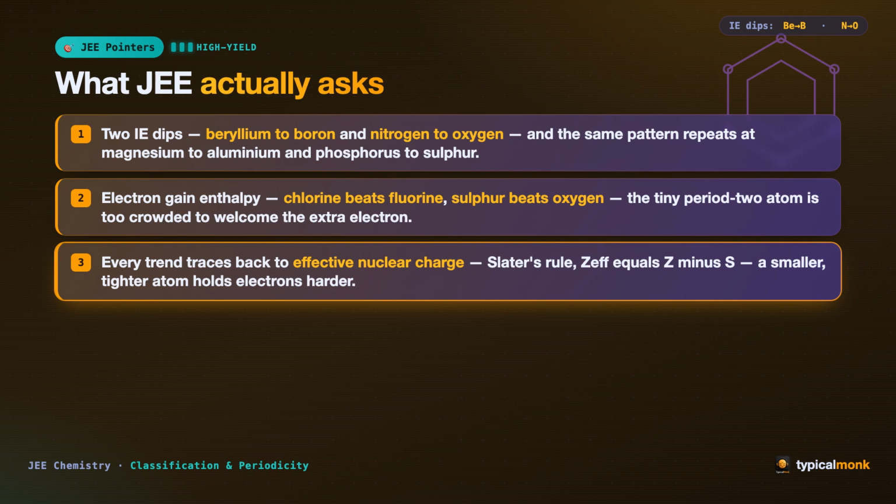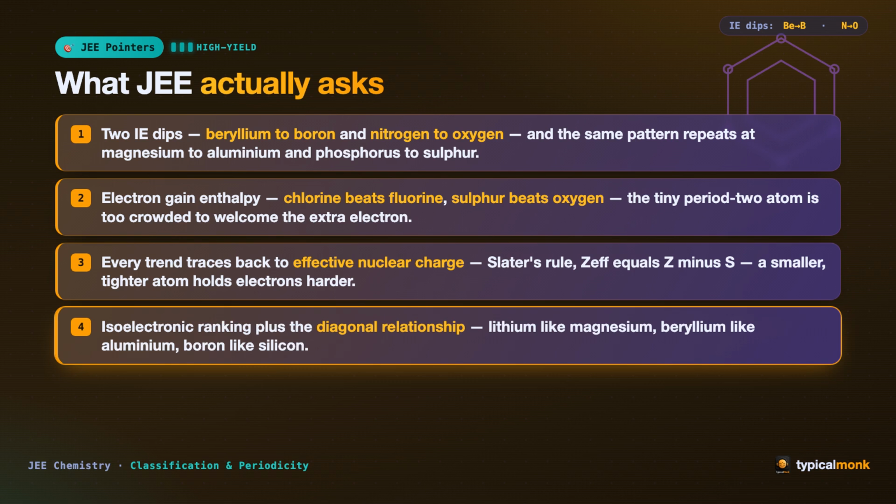3. Every single trend you have met today traces back to one idea: effective nuclear charge, estimated by Slater's rule as the atomic number minus a shielding constant. A smaller, tighter atom simply holds its electrons harder. 4. Isoelectronic ranking and the diagonal relationship travel together.